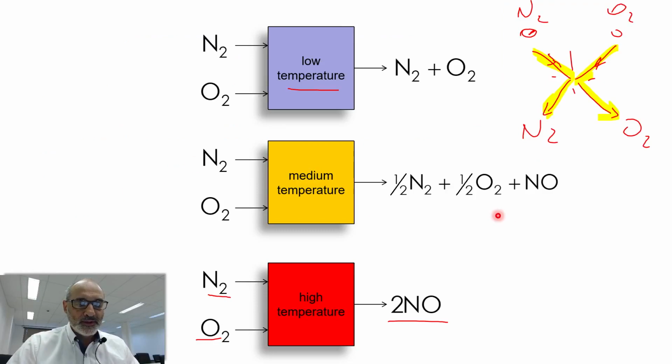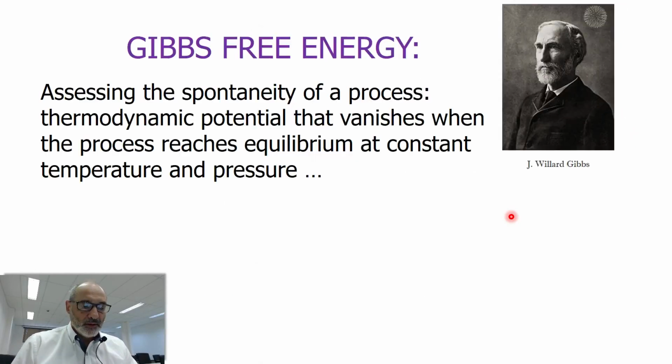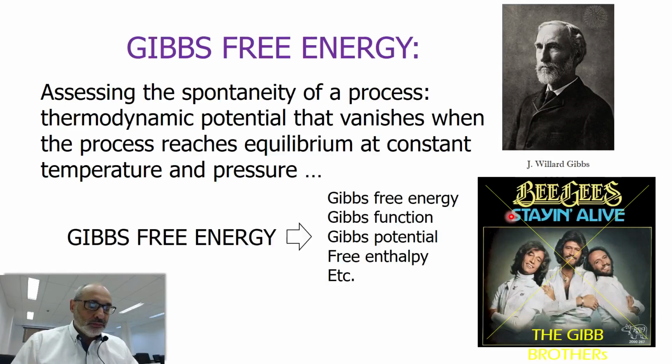Equilibrium would be something like this: it can go in the direct sense or in the inverse sense, so it's neutral. He didn't baptize it Gibbs free energy, but now we call it like this.